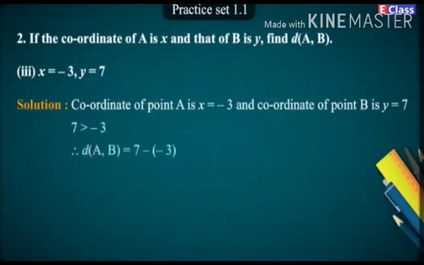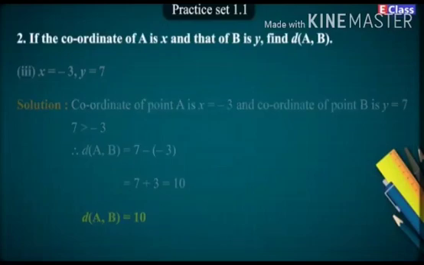Therefore, distance of AB is equal to 7 minus (minus 3), which is equal to 7 plus 3, which is equal to 10. Answer. Distance of AB is equal to 10.